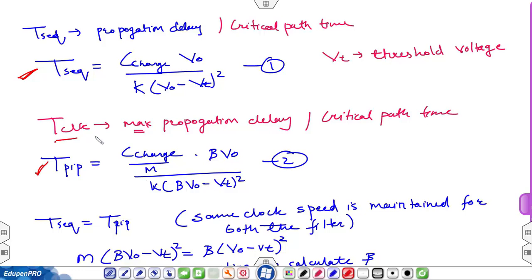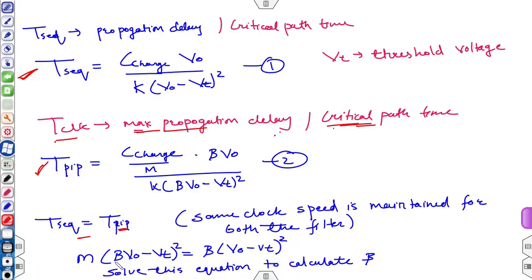T clock can be kept equal to the maximum propagation delay or critical path time; these two can be used interchangeably. Now T sequential is equal to T pipeline, the same clock period maintained for both filters. So we get this equation: M into beta V naught minus Vt whole square is equal to beta V naught minus Vt whole square. You have to solve this equation to calculate the value of beta.